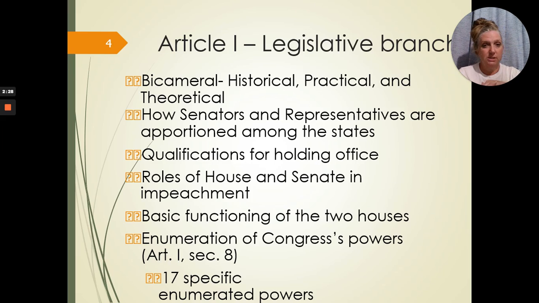It establishes the basic functions of the two houses, and it lists the enumeration of Congress's powers. That's in Article 1, Section 8, and there are 17 specific enumerated powers. Enumerated is a fancy legalese term for listed. There are 17 specific listed powers of Congress in Article 1. It is the largest article of the Constitution as well.